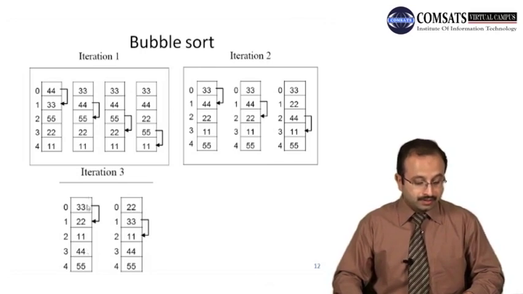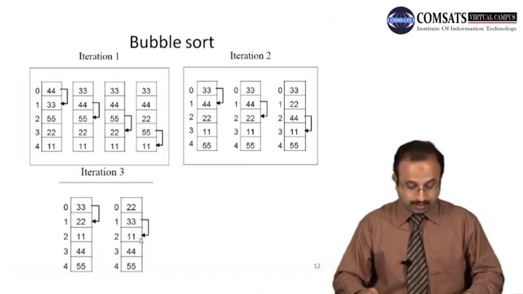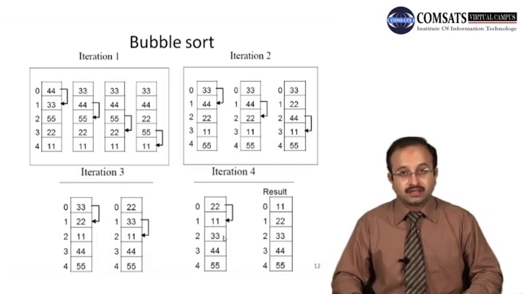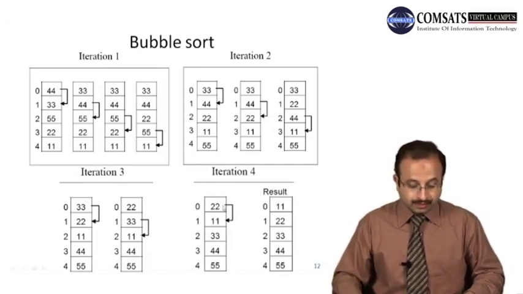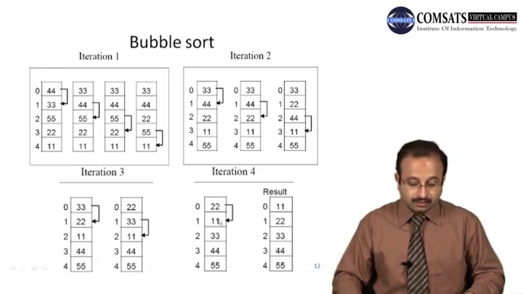Now start comparing 0th index with the 1st index. Yes, this element is larger, it comes down. Then it compares that larger element with the second index element. Then again this 1st index element is larger, it comes again down. So at the end of this iteration, you see 33, the third largest element, is at the third last position. Then it compares the 0th element with the 1st index element, and the 0th index element is larger than the 1st index element.